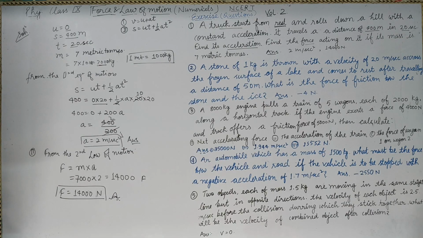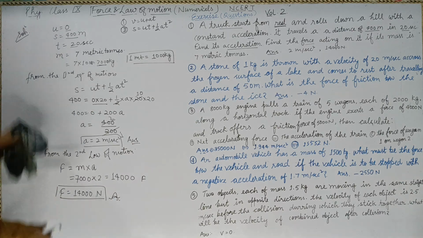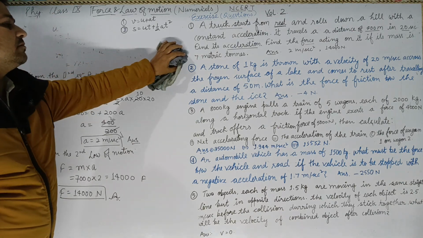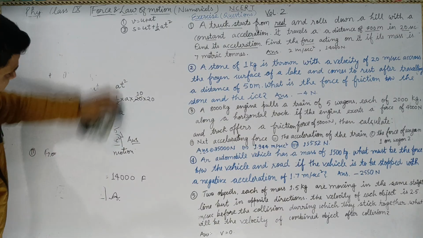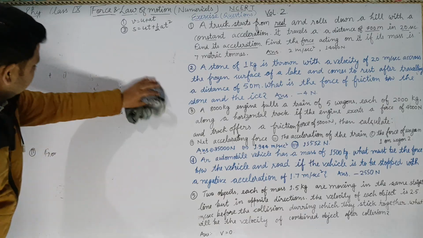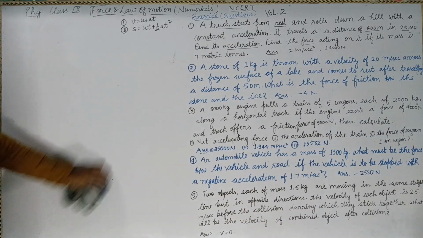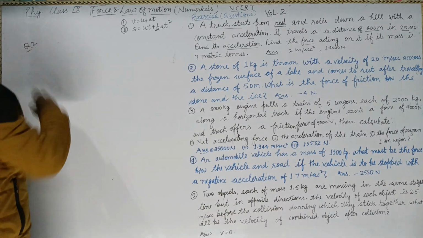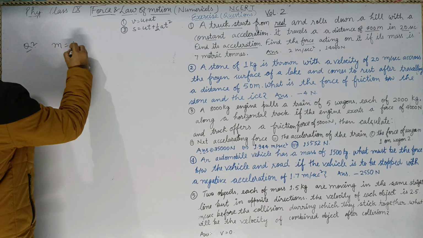Next question, question number 2. Question number 2 is saying that a stone of 1 kg, m equal to 1 kilogram.